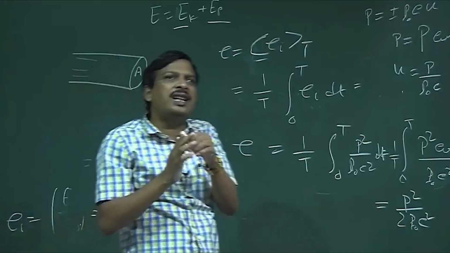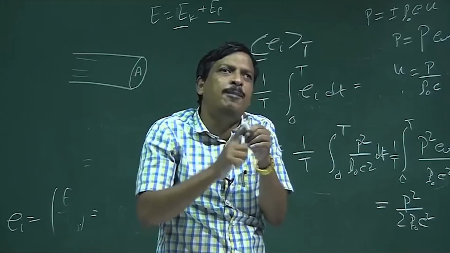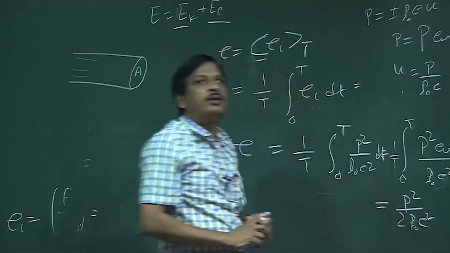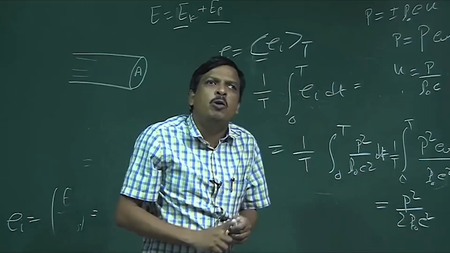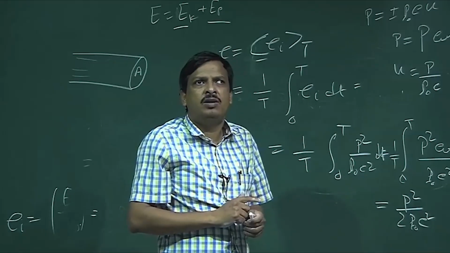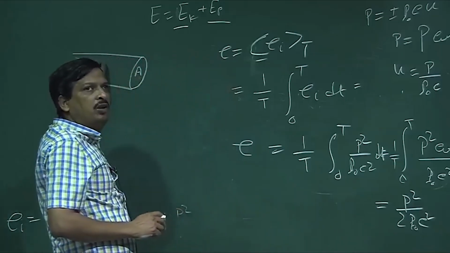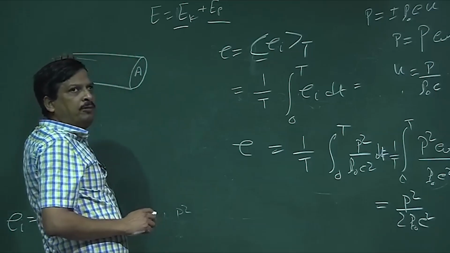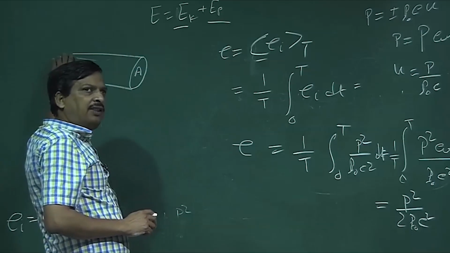The energy density inside the pipe is nothing but P square by 2 rho 0 C square. So, how much energy will flow in 1 second? If the energy density is known, then if I multiply by the volume of that pipe for 1 second, I can get the total energy.